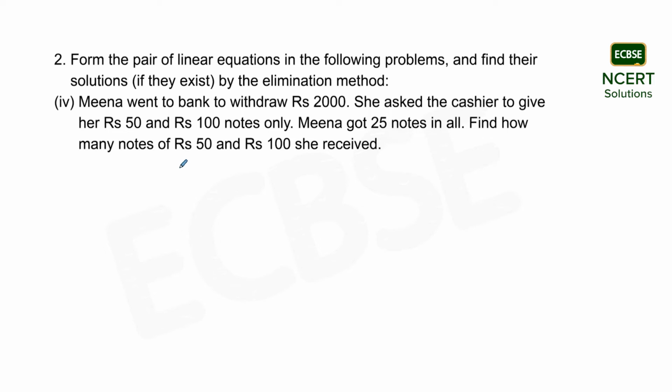So in order to solve this question, let Meena receive x number of notes of rupees 50. Okay. And we also let Meena receive y number of notes of rupees 100. Got it?